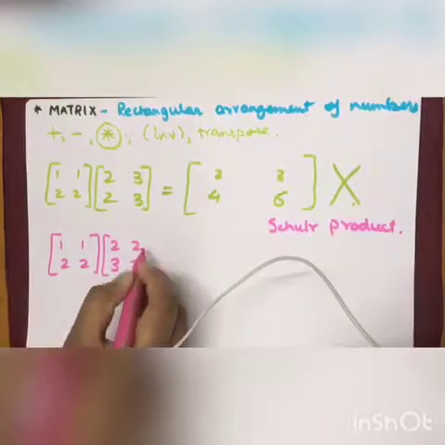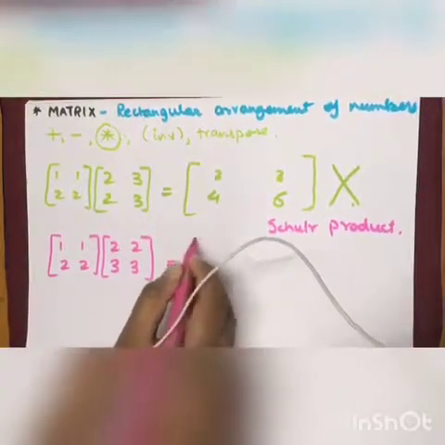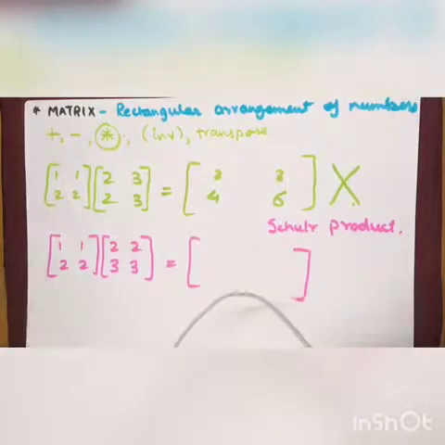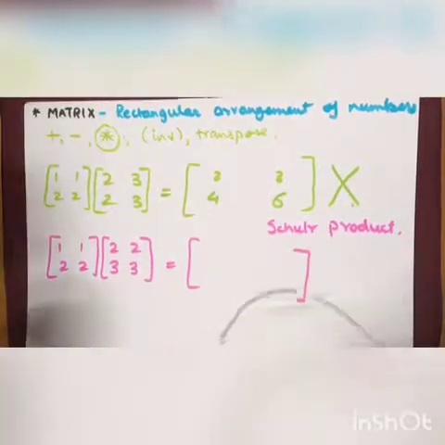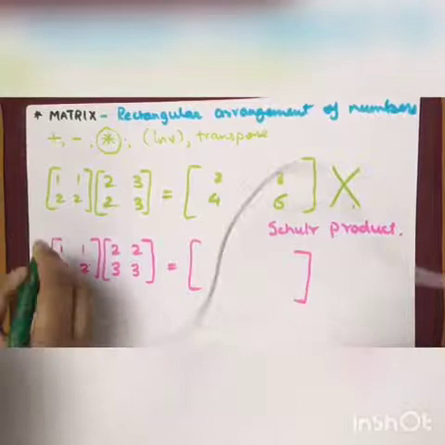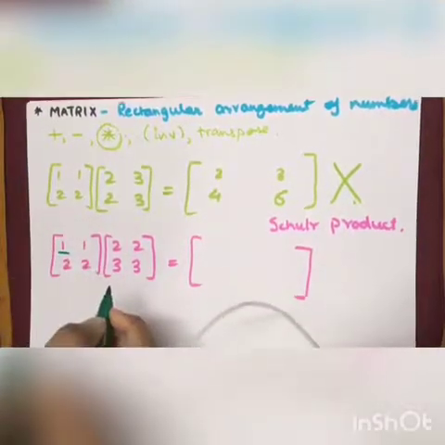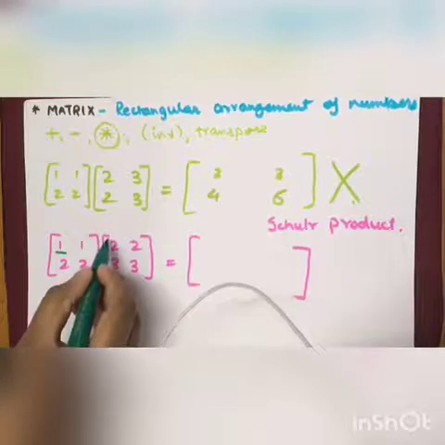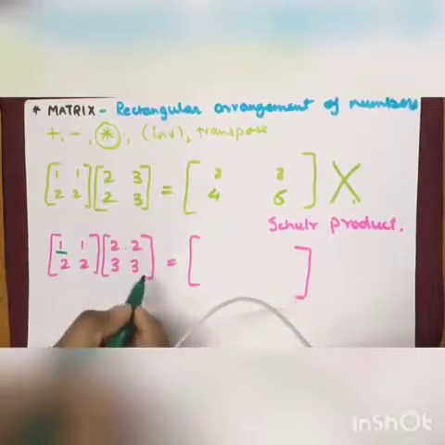So what we do in matrix multiplication is that we start with the first matrix and we take the first element of the first row, that is 1 over here, and multiply it with the first element of the first column of the second matrix.